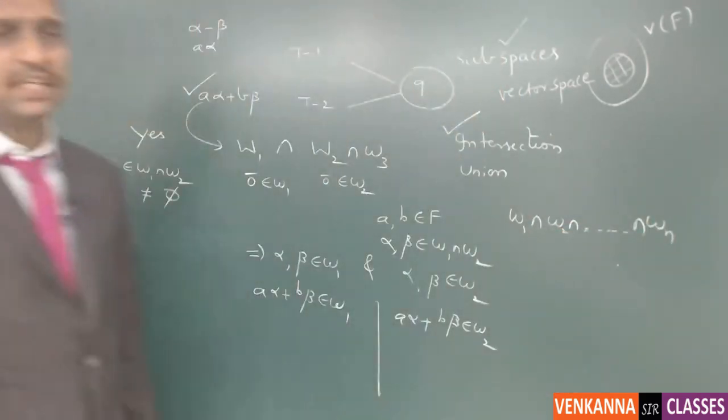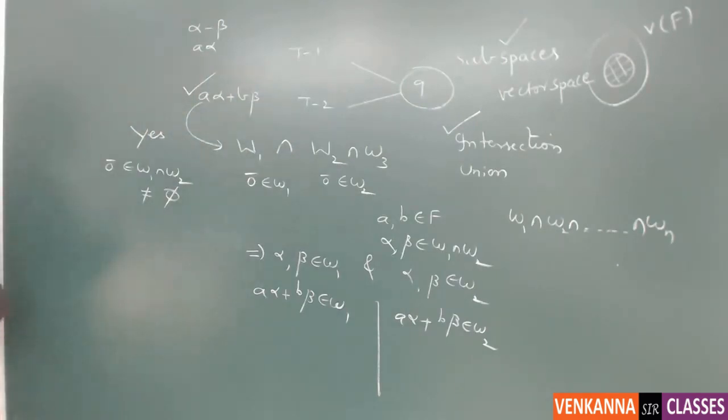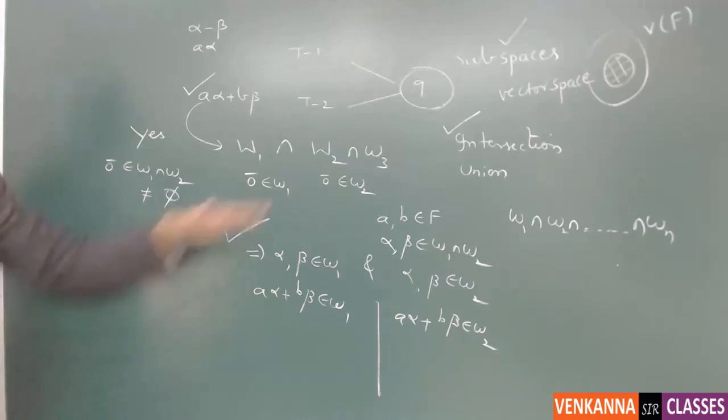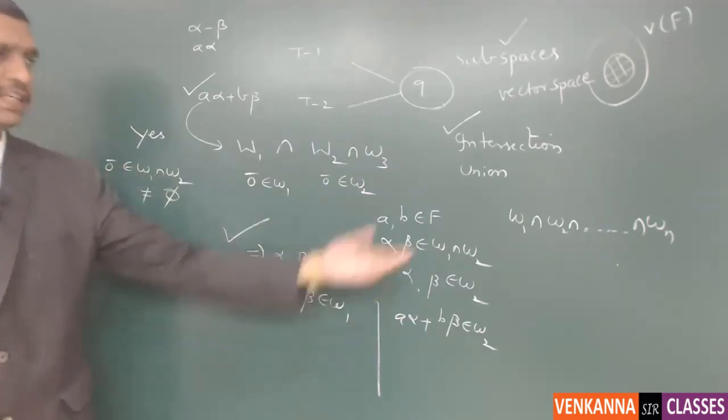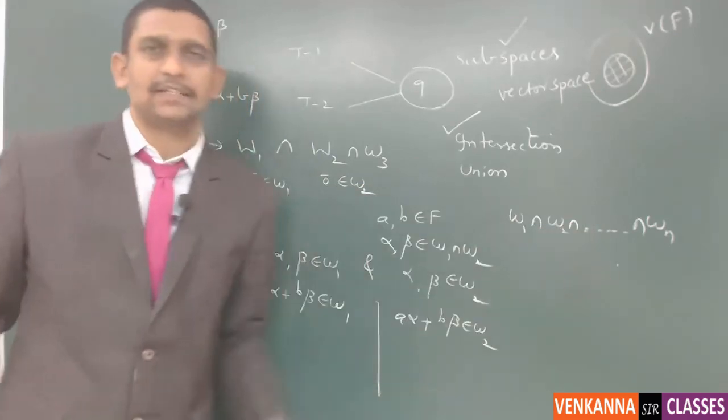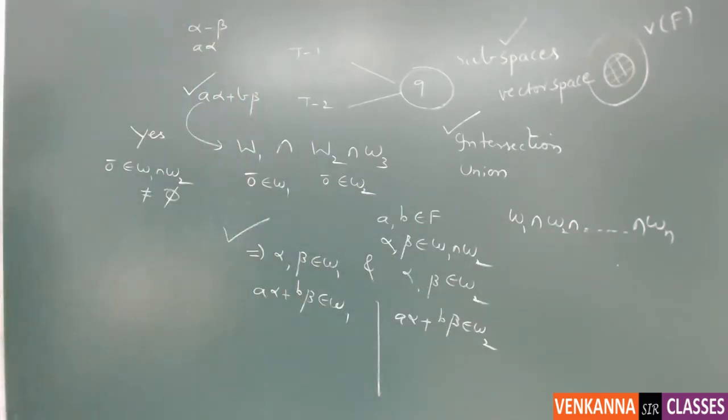This intersection is again a subspace of the vector space V using the same logic as stated now. Here I have written for 2 sets, there you will write for n sets. That's it. So is the concept clear?